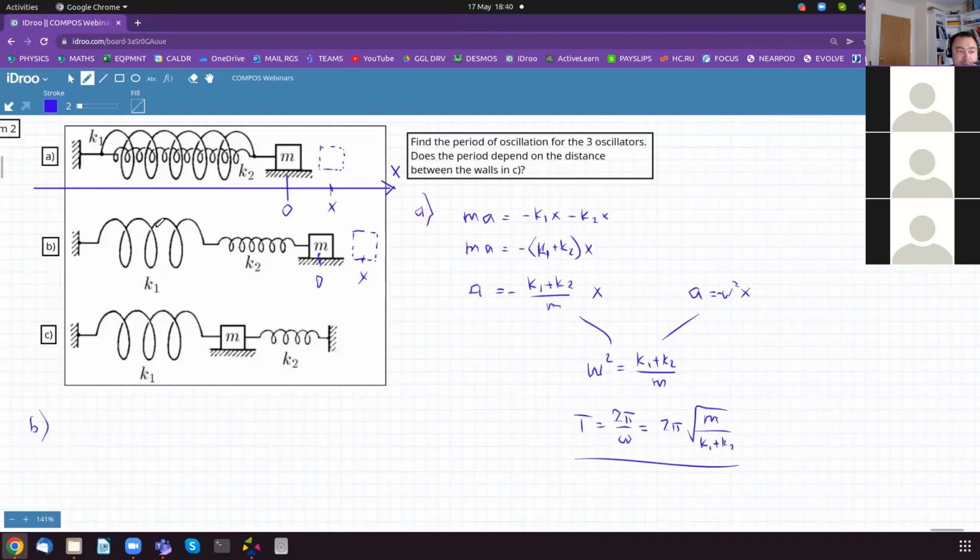So let's say that this spring has extended by x1, and this spring has extended by x2. And of course, we know that x1 plus x2 is x, the total displacement. Now, we also know that the force is the same. So k1 x1 has to be the same as k2 x2.